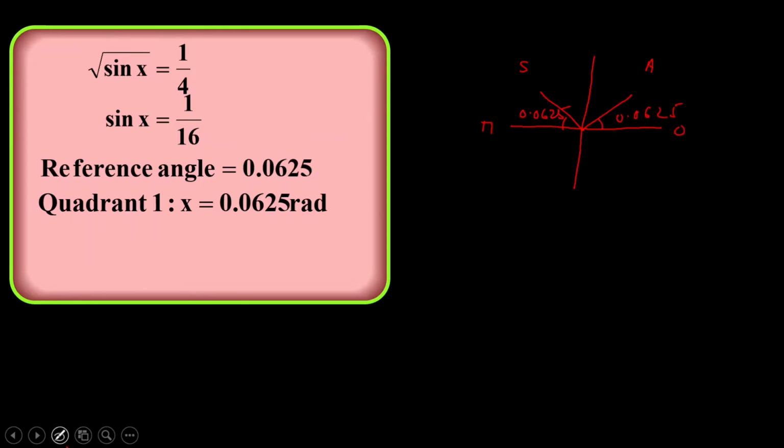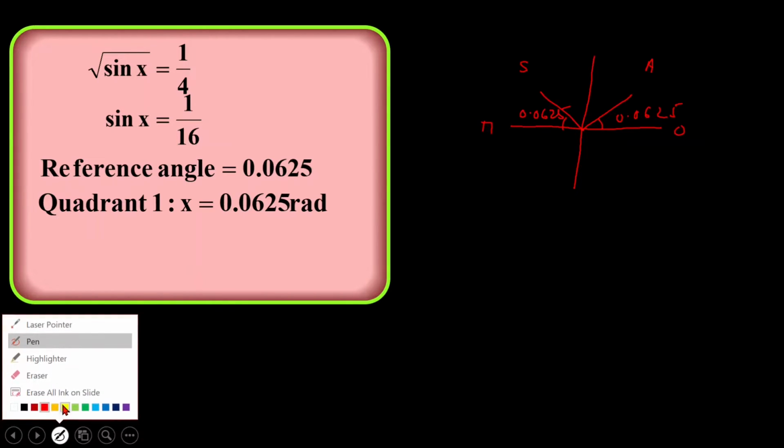So this angle will be at 0.0625 and over here 0.0625. Okay, so this one is pi, this one is 0. In the first quadrant, I just need to copy that 0.0625 radian. In the second quadrant, I've shown you a few times.